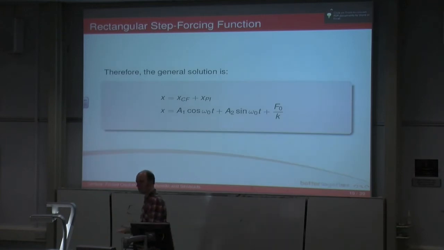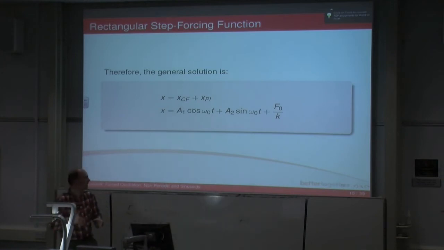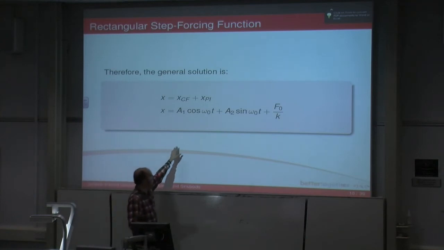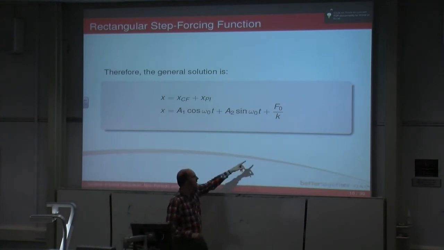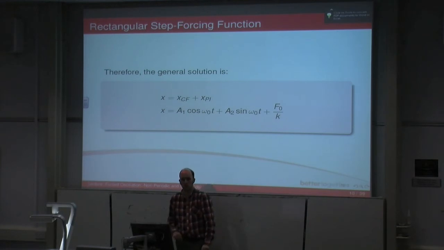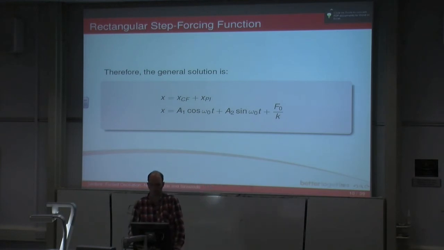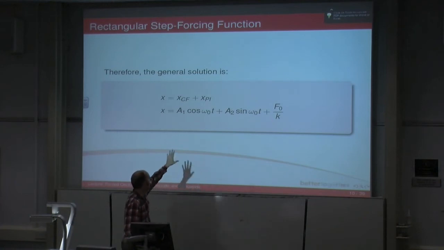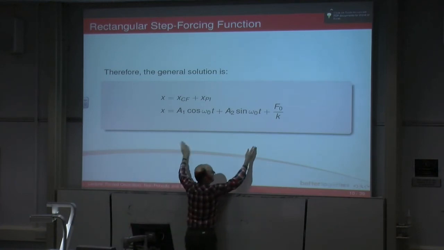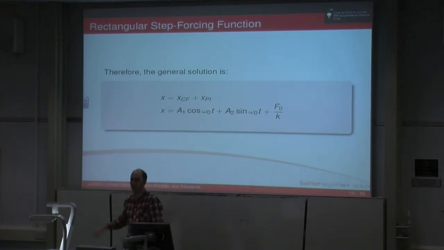So the complete solution, including the transient and the solution as time goes to infinity, is simply our x CF, which is our free solution, plus a constant. Now we know that this bit, x CF, is simply an oscillation, don't we?